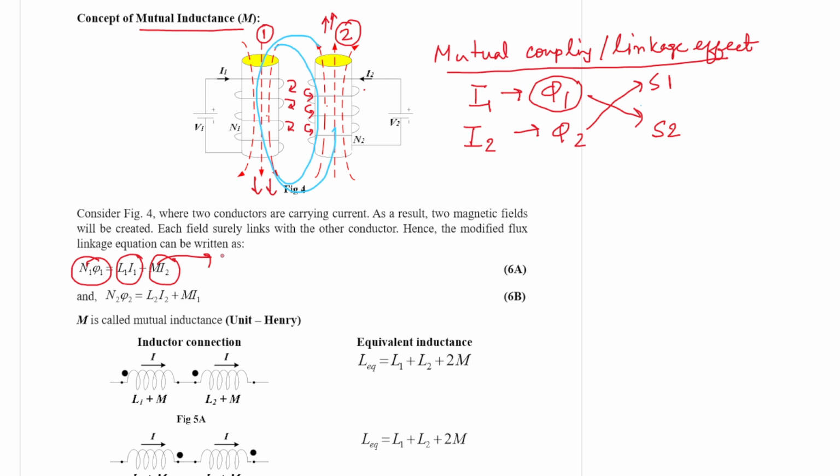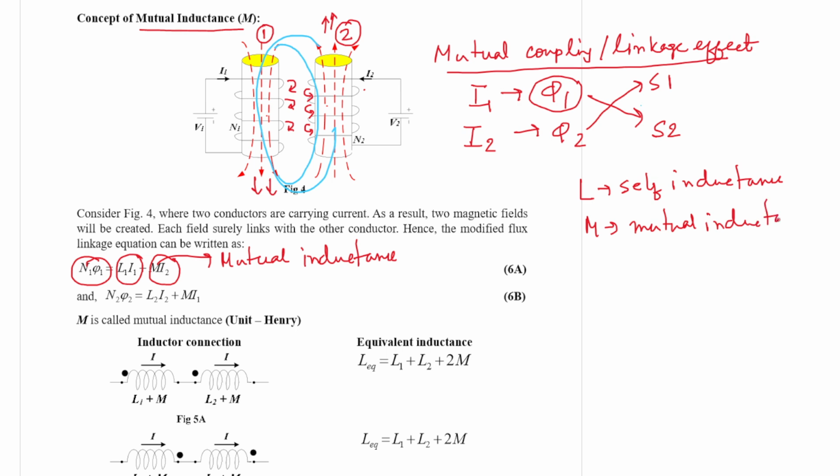That is called the mutual inductance. So L here is called self inductance and M here is called mutual inductance. Both have unit Henry.